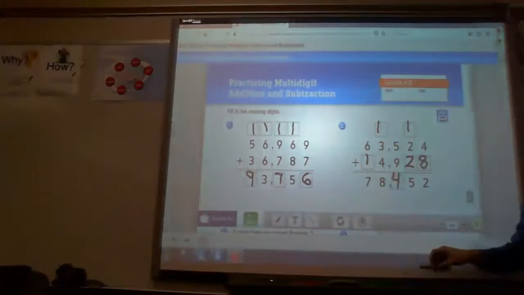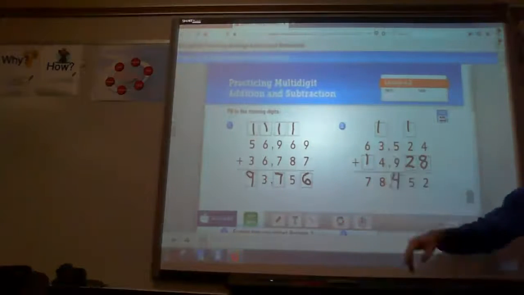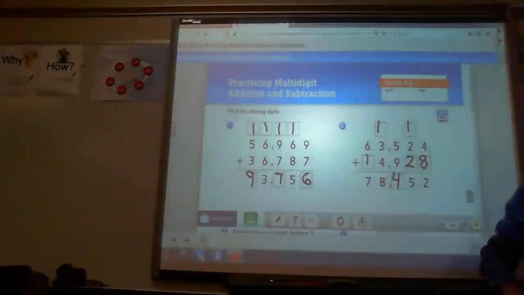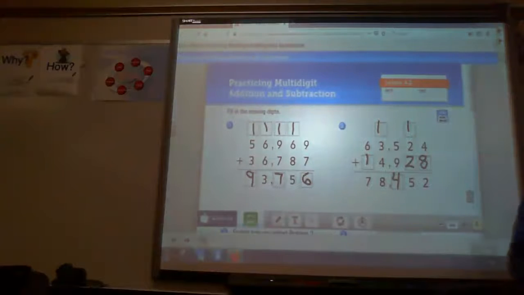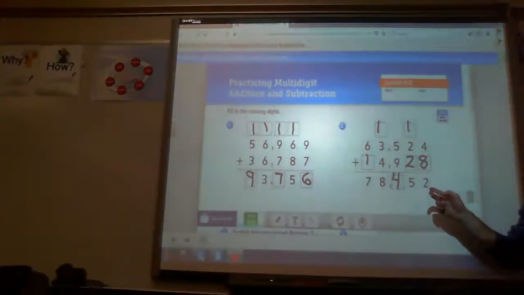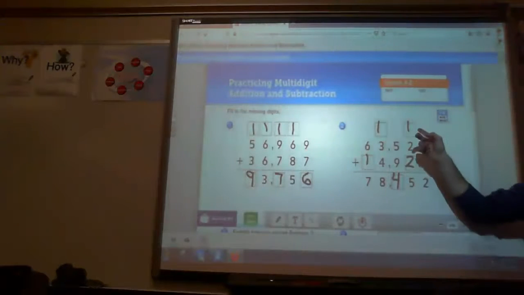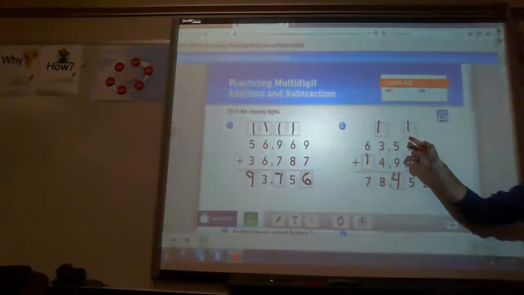So now, where it says explain how you solved problem 2, that's for number 3, and I can't scroll it down because it'll mess this all up. This is where I would say, in the ones column, I knew I needed to add up to 12 because there was a 2. So I did 4 plus 8 is 12 and brought the 10 over to the tens place.